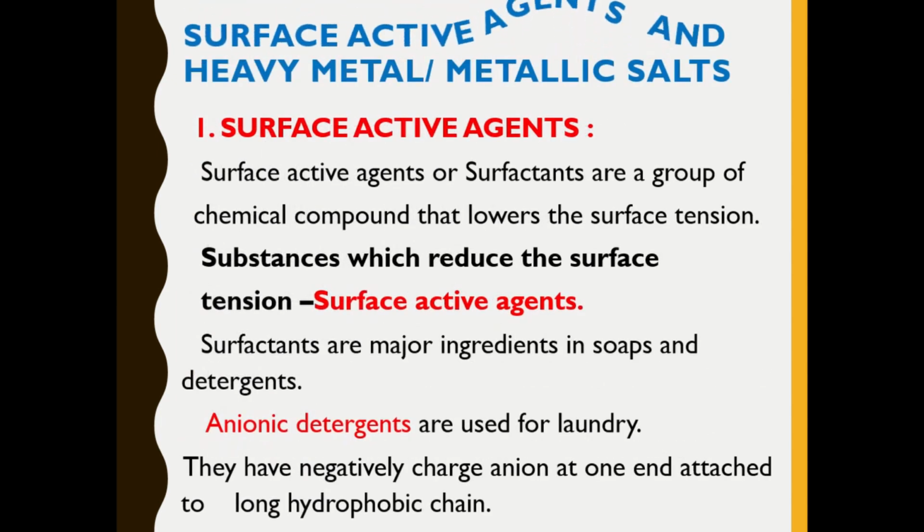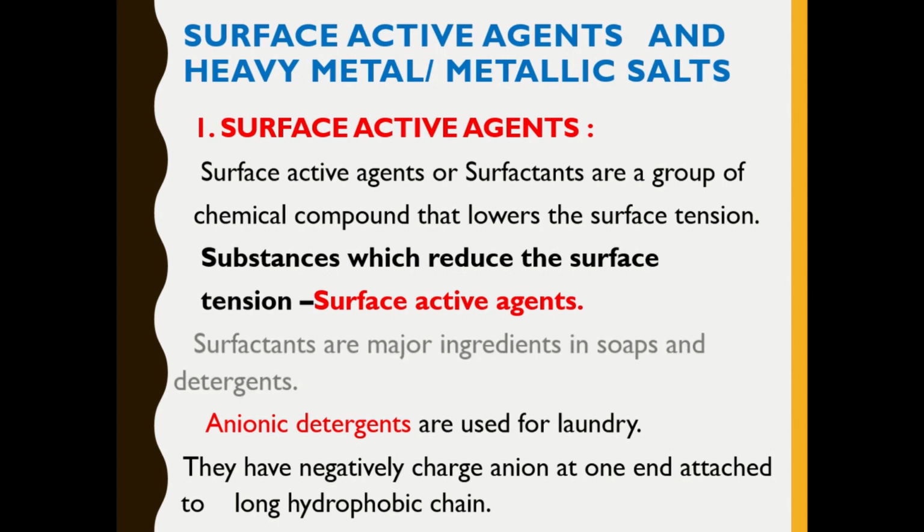The next agents we will see are the surface active agents and heavy metals, or the metallic salts. First, the surface active agents. The surface active agents, also known as surfactants, are a group of chemical compounds that lower the surface tension. So the substances which reduce the surface tension are known as surface active agents, or sometimes we use the term surfactants.